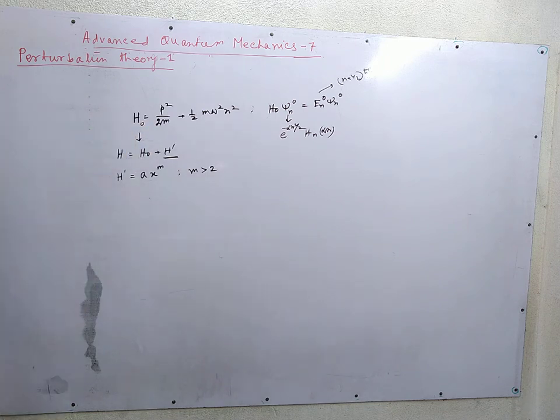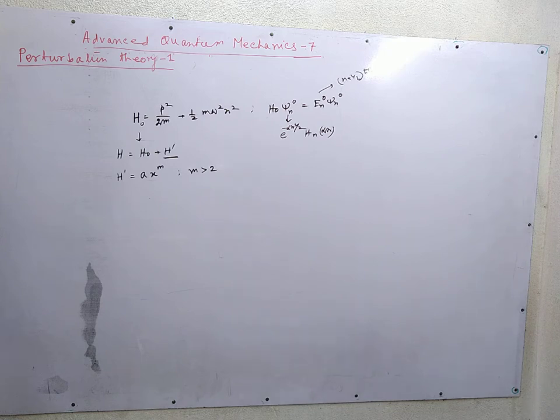As for example, if we put an atom in a magnetic field, then the electrons will have a tendency to follow a helical path due to the action of the magnetic field.